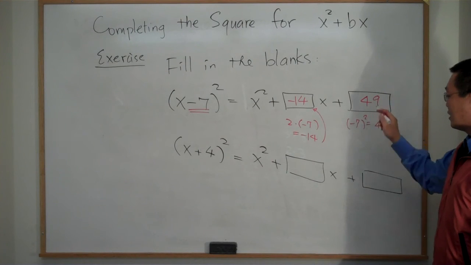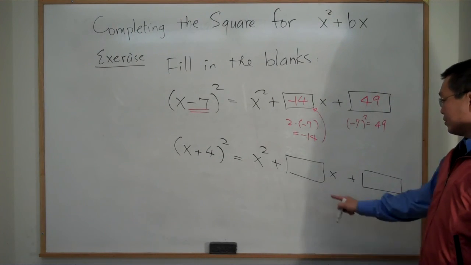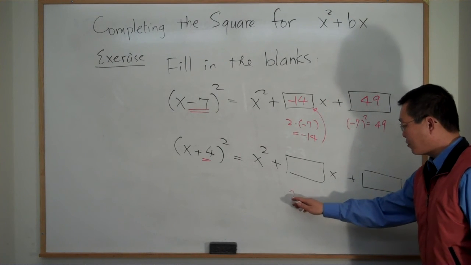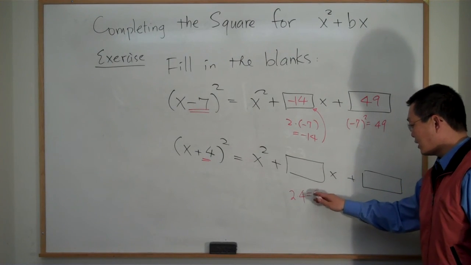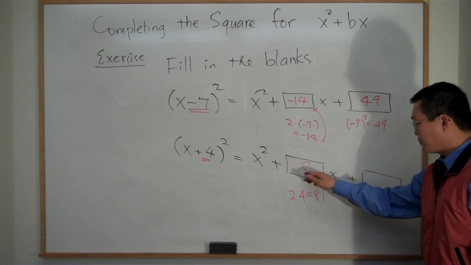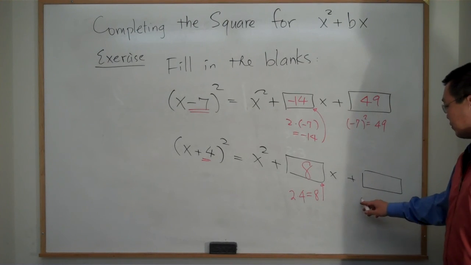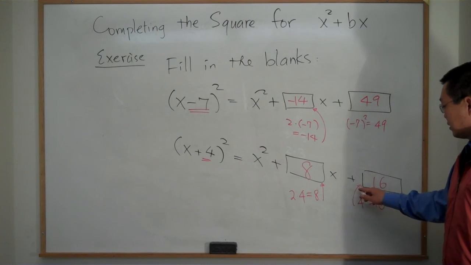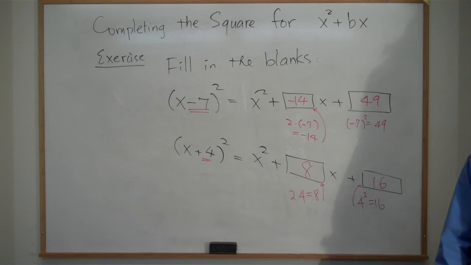So I put in 49 here. Now in this one, you have 4 here, so I would double that, which is 8. That goes in here. Now 4 squared equals 16. Should go in this blank. Did you get that?